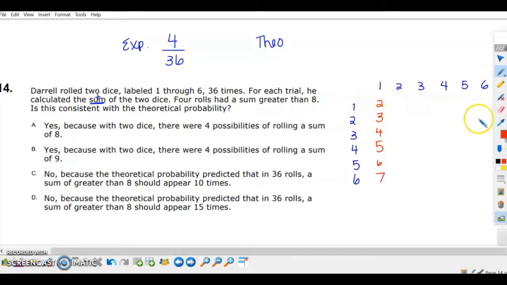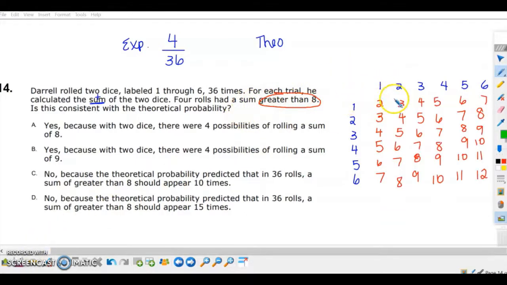See if you could fill in the rest of this table to figure out the total number of sums that you could get when you roll 2 dice, and figure out how many of them had a sum greater than 8. If you fill in the rest of the table, the sums greater than 8 would be all of these right here. Those are all greater than 8.